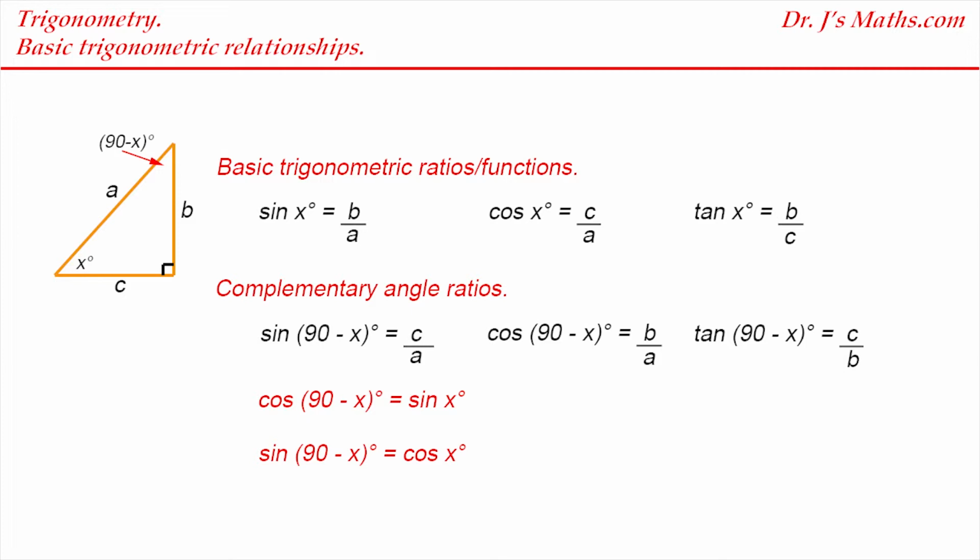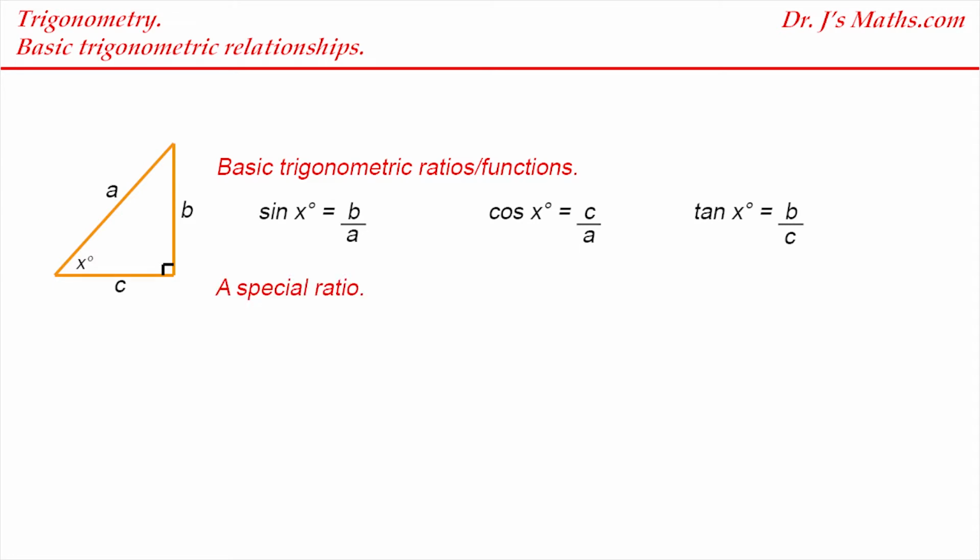A little bit more difficult with the tan because it's not quite the same. However, if you look, it's the upside down ratio. So tan of 90 minus x is the same as 1 over tan x. And just now we defined cot x to be 1 over tan. So there's our three complementary angle ratios. They're a little bit more popular now than they used to be.